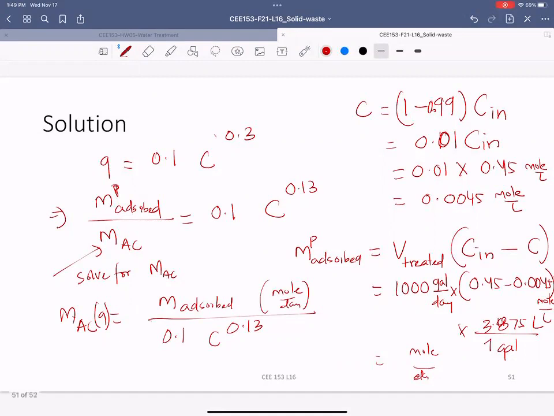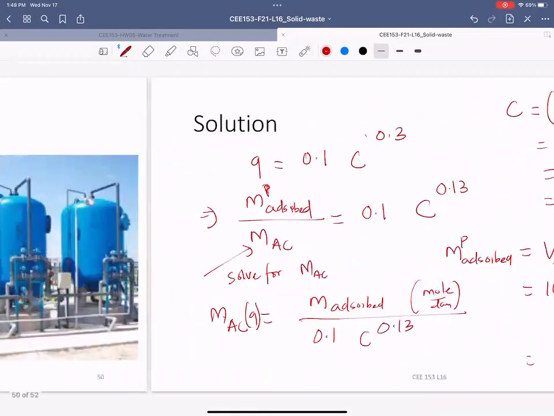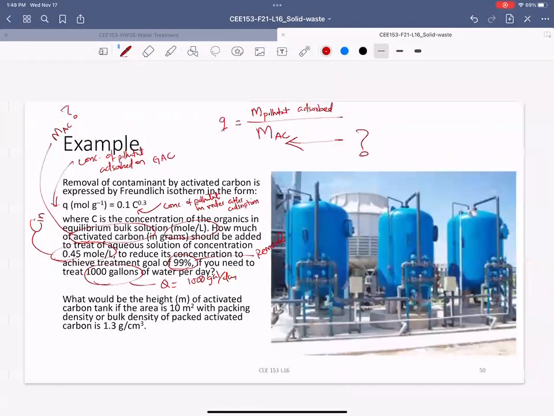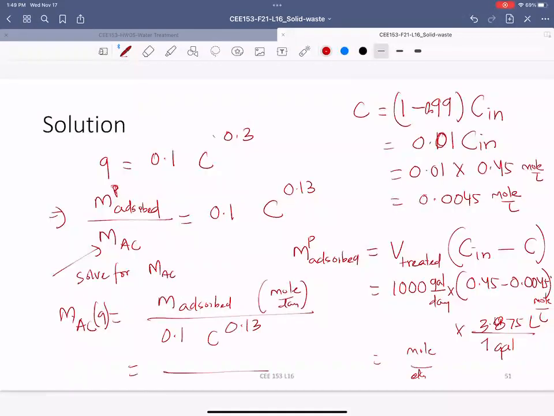As long as you put this value in moles per liter, you should get the answer in grams. Oh, okay, the exponent is 0.3. Thank you.